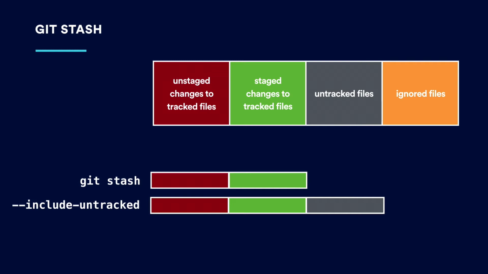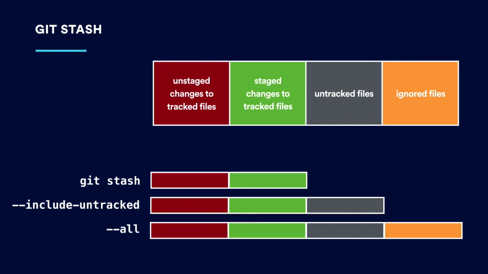Now I suspect that include-untracked was actually added as an additional feature on top of stash after the original stash command was introduced, which is possibly why it's a little bit backwards in terms of what you'd want the default to be. But if you read the man pages, it turns out you can also use the --all option, which will stash not just untracked files, but your ignored files as well.